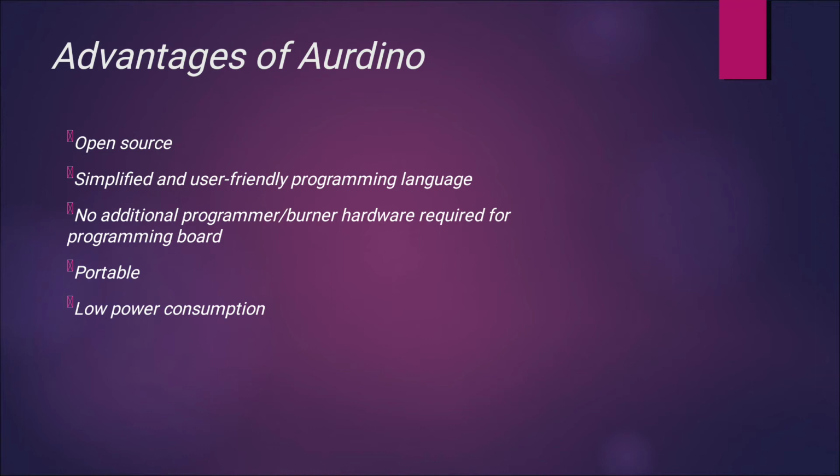A microcontroller burner is a hardware device accompanied with software which is used to transfer the machine language code to the microcontroller or EEPROM from the PC. Portable and low power consumption.